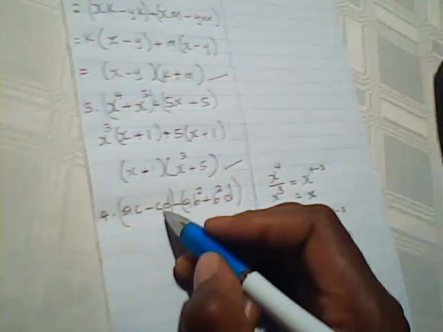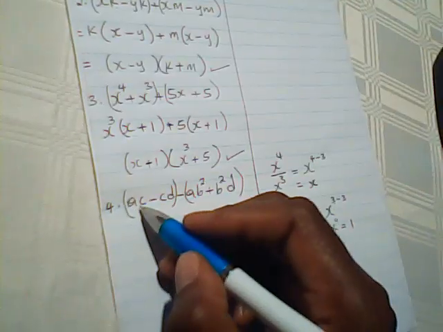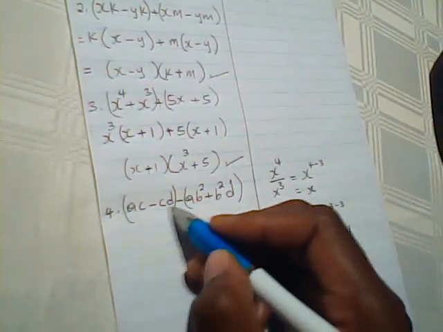Taking out a common factor here, we've got AC minus CD.